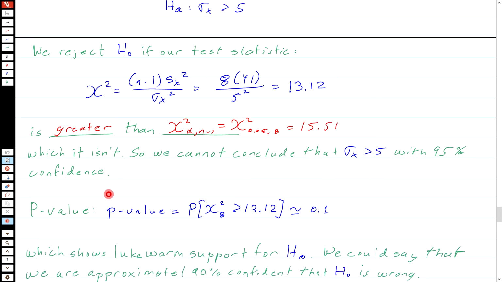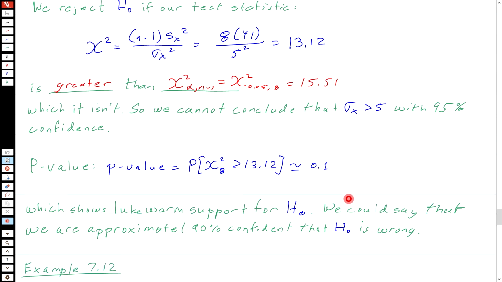The p-value, basically we're looking for, if we were to repeat this, the chi-squared value being greater than the one we computed in the direction of HA, which is greater than. So that's the probability that chi-squared with 8 degrees of freedom is greater than 13.12, and this is approximately equal to 0.1. So this shows lukewarm support for H naught.